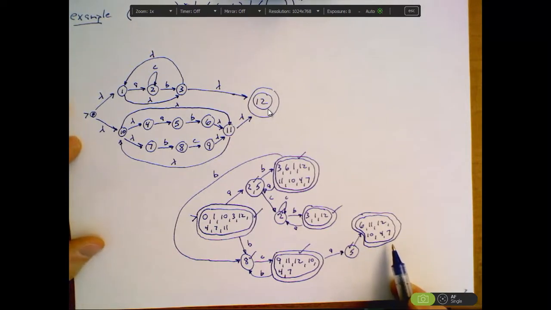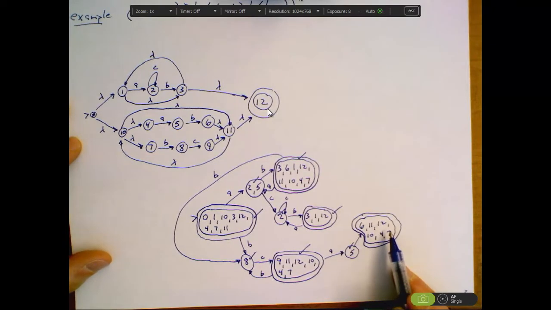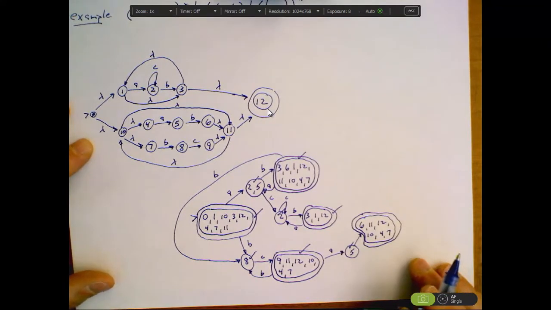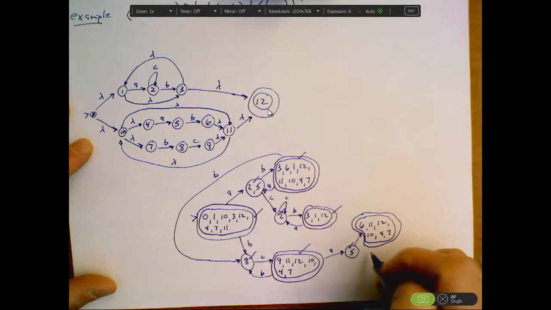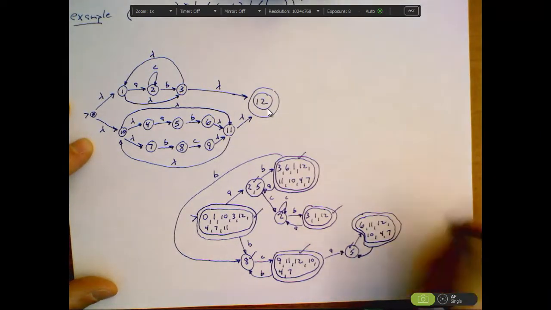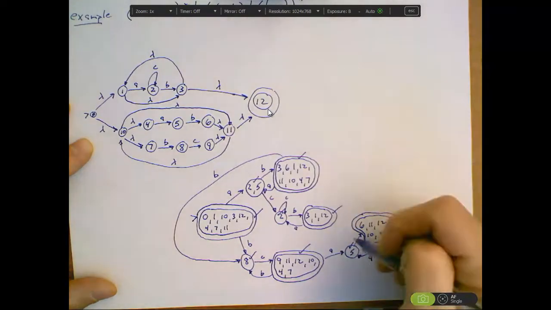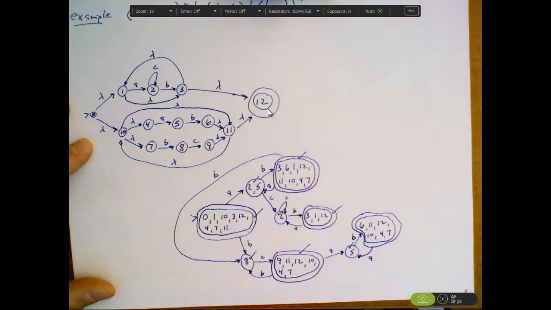So on an A out of 6, again, 6 only has lambda arcs, 11, 12 only have lambda arcs, 10 only has lambda arcs, but 4 on an A goes to 5. 7 can't go on an A, so it's actually a back loop. On an A, I can see I forgot to label this arc, so on 5 that was a B there.